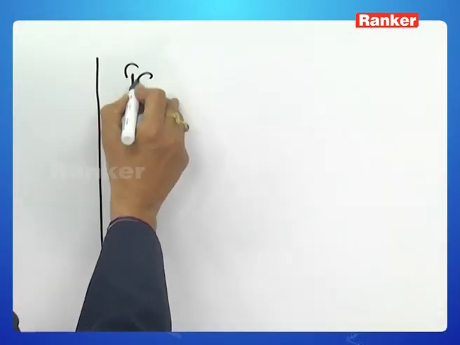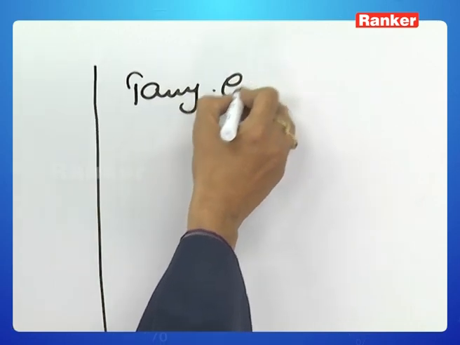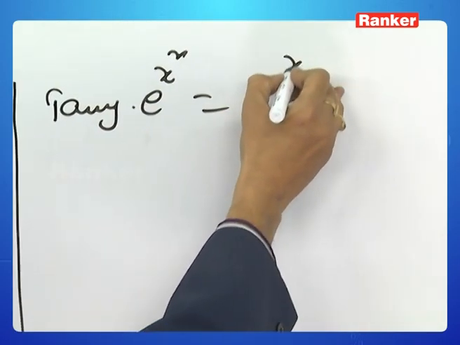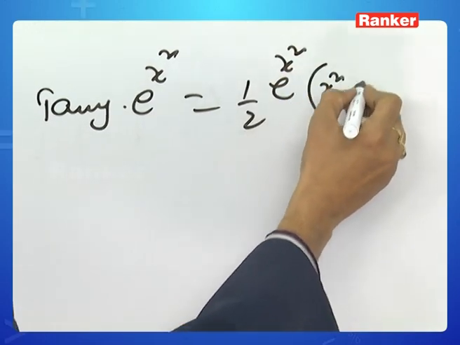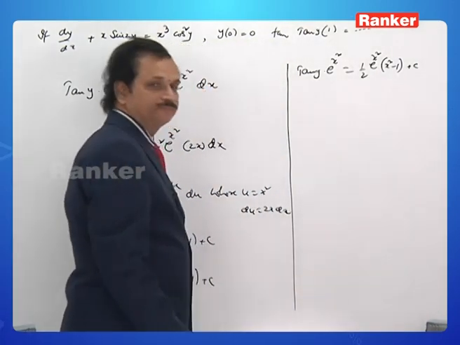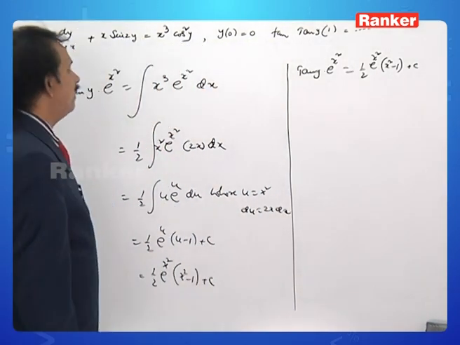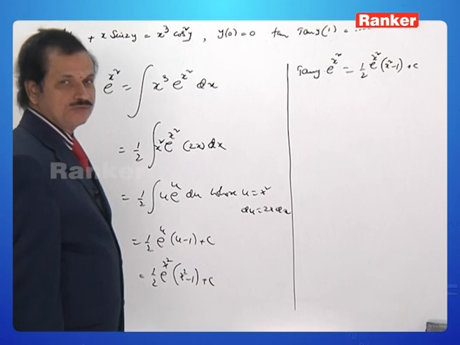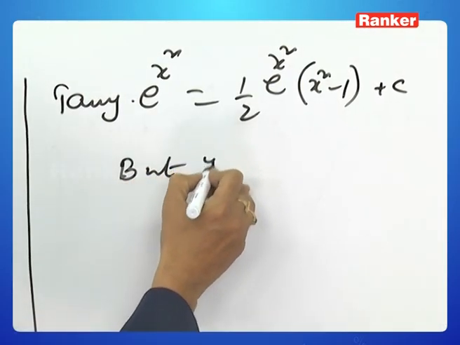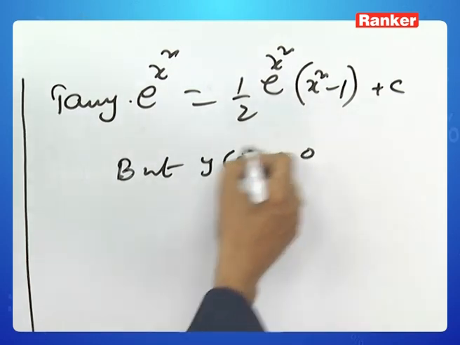Therefore, tan y into e power x square is equal to half into e power x square into x square minus 1 plus c. But you see, y at 0 is 0.